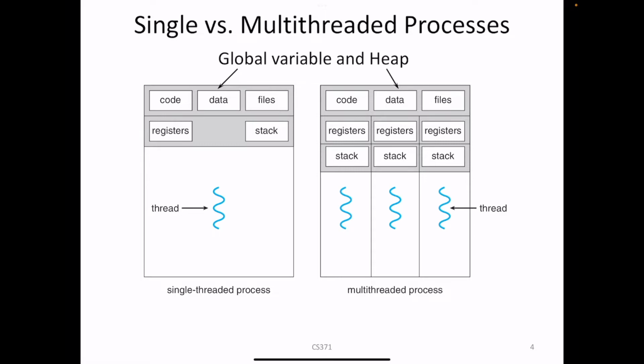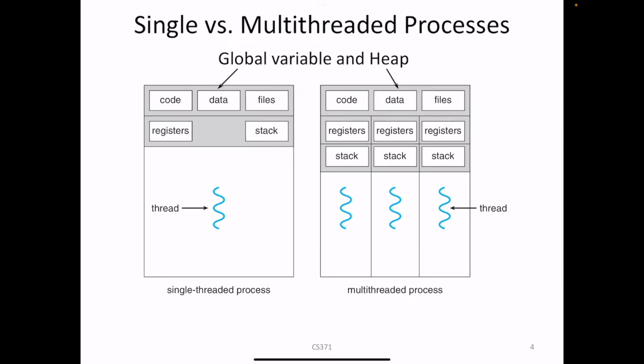The process control block of a process includes the binary code, global variables, initial data, I/O, and heap. And also we have a program counter to remember the next instruction to be put into the CPU, and registers to record the status of the thread. And also the stack, which is used to temporarily store function parameters and local variables.